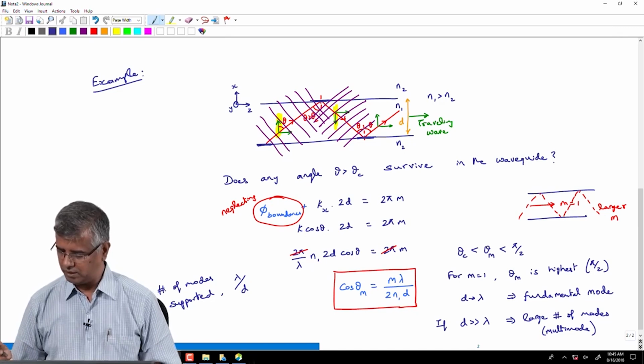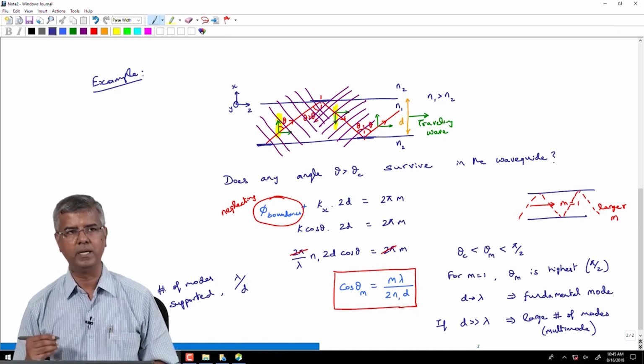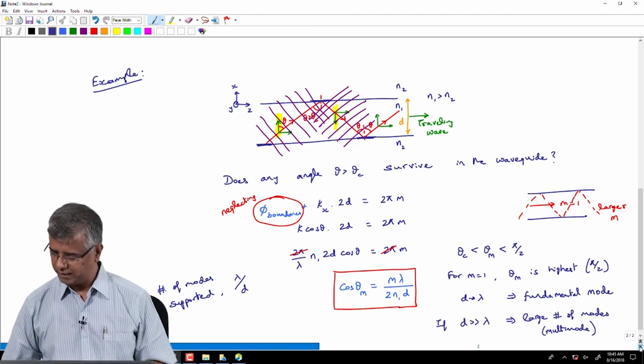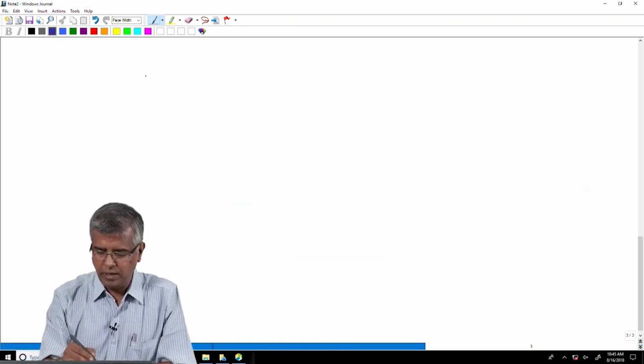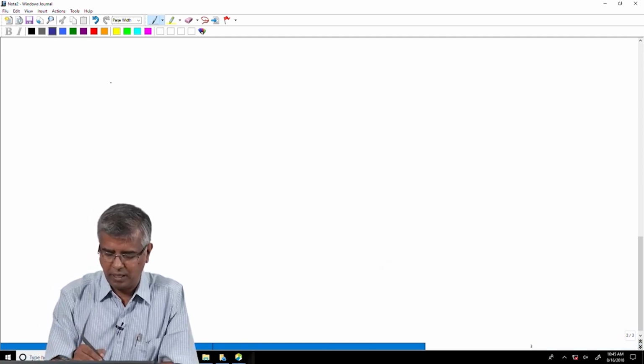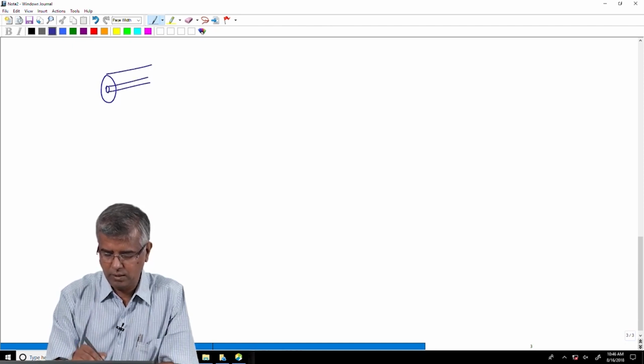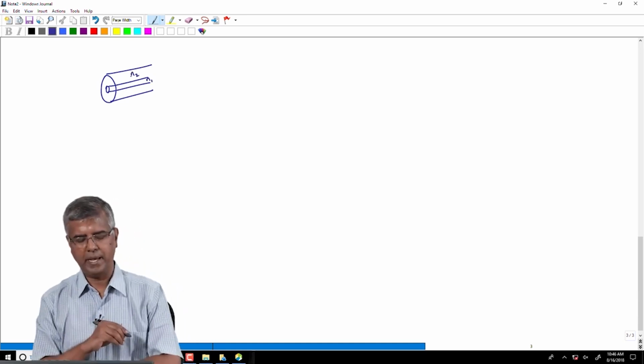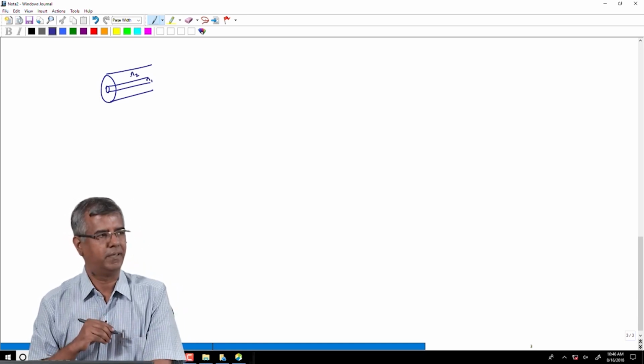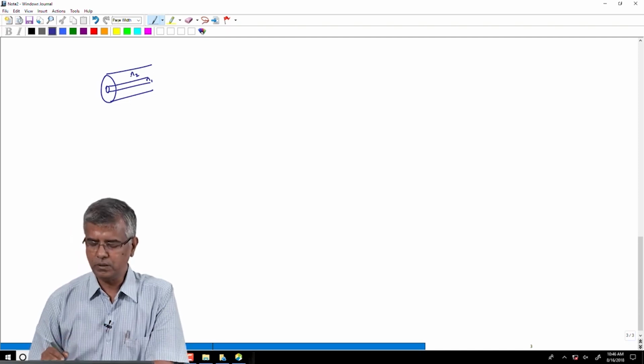So let's move on. So let's try to get to a little more specifics, and so when we are considering an optical fiber, we are considering a core with refractive index N1 surrounded by a cladding with refractive index N2, okay.